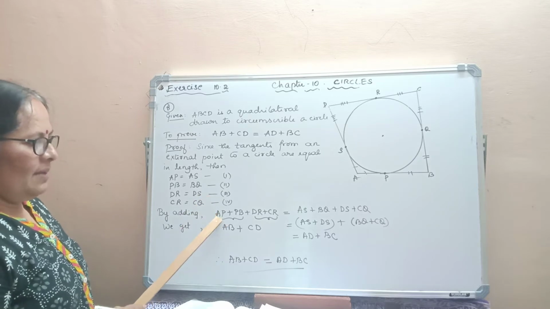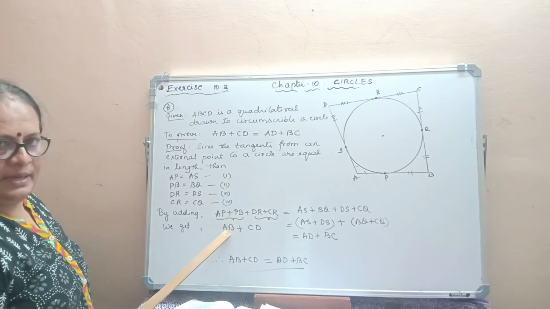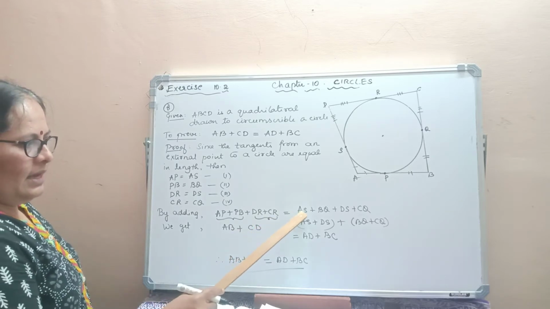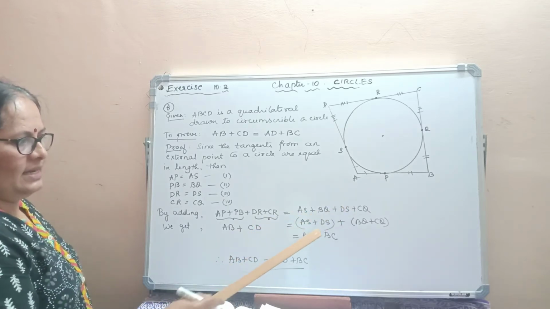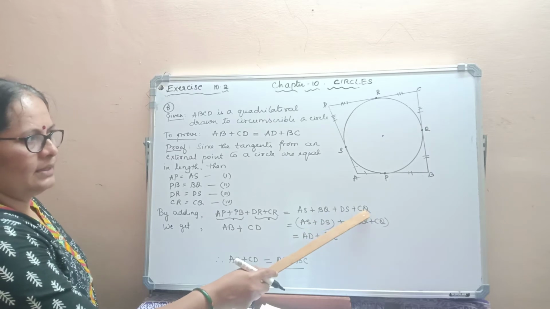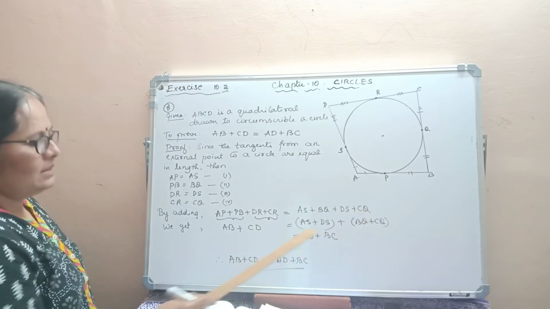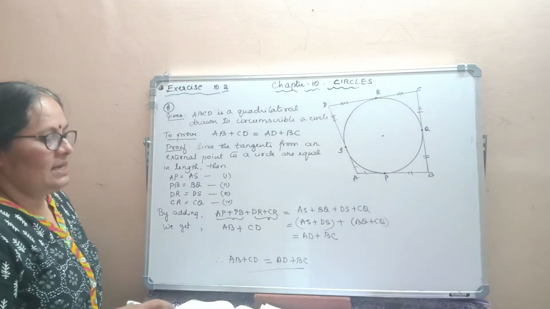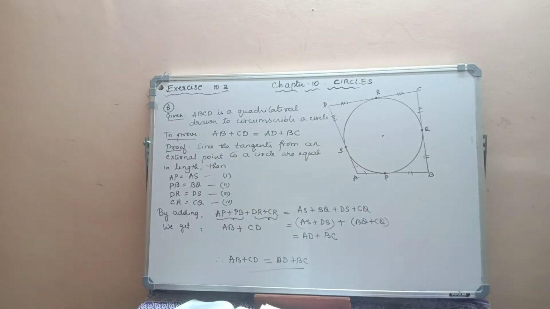In that, AP plus PB is AB, DR plus CR is CD, AS plus DS is AD, BQ plus CQ is BC. So AB plus CD equals AD plus BC.